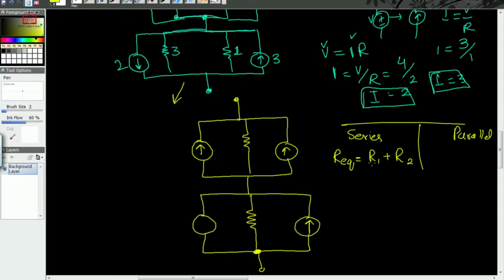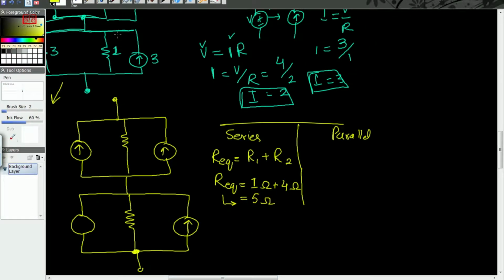For example, if the first resistance is 1 ohm and the second resistance is 4 ohm, and we have another resistance, let's suppose 5 ohm, then we can add them in a similar fashion. The overall equivalent resistance should be 10 ohm. So this is for series.